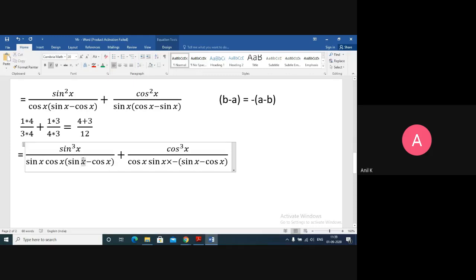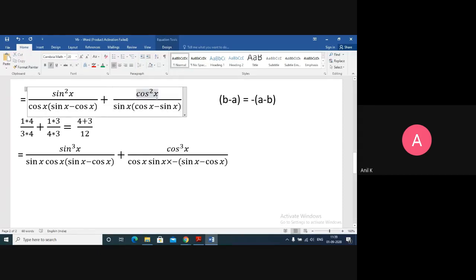Next I have to come to the second fraction. In the second fraction I have sin x, but in the first fraction you have cos x, and I don't have cos x in the denominator. So to make the denominators equal, I have to multiply with cos x, both numerator and denominator.